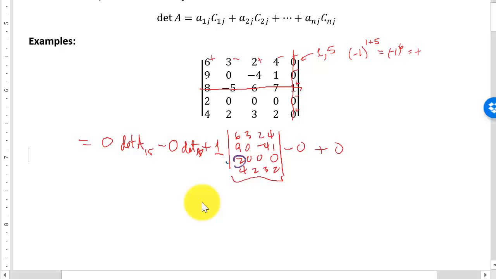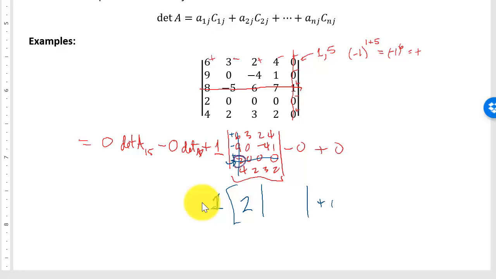If we expand on the third row, let's keep this 1 here. And now let's worry about the determinant. So we got a plus minus plus. So this starts off with a plus, and this is going to be a 2 times, and everything else is 0. So let's just remember that everything else is going to be 0. So let's not worry about that.